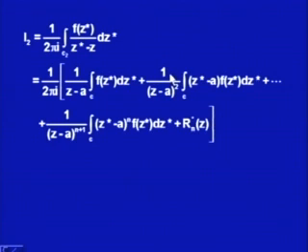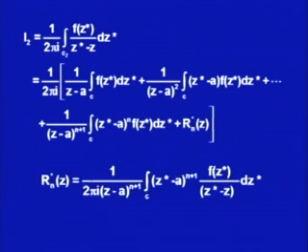From the second term we can take 1 upon (z minus a) square outside the integral sign, because we are integrating with respect to z* and this does not involve z*. The integrand of the second term is (z* minus a) into f(z*) dz*, and again we have replaced this curve C2 by C. This way we can have the general term, and the remaining terms are absorbed in the remainder Rn*(z). The remainder term Rn*(z) is written as this.